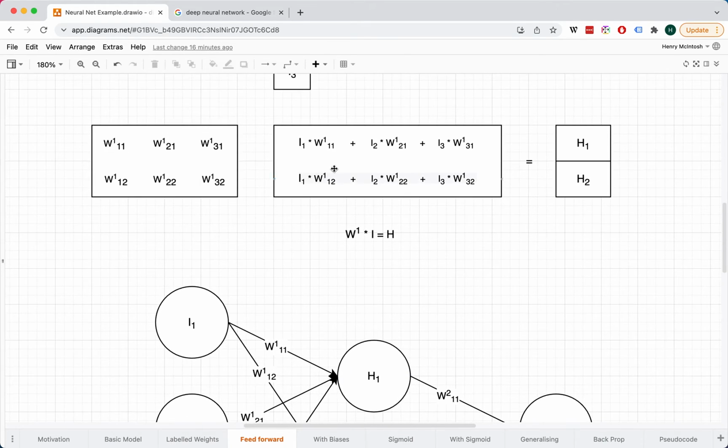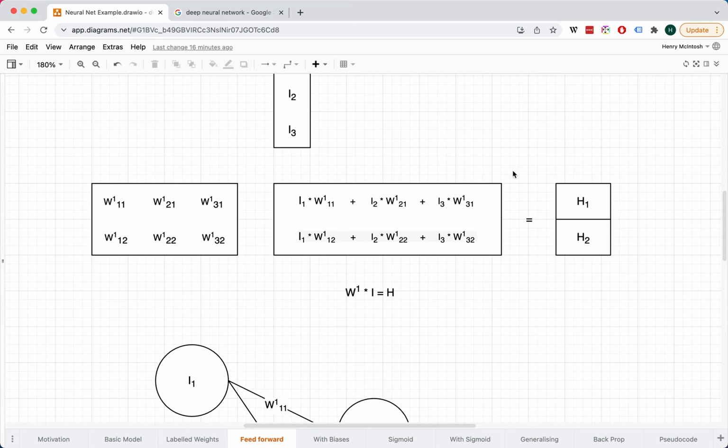Okay, and that's going to give us this nice sum to get H1. And so compressing all of this matrix and vector stuff into compressed notation, we can just see that's the weight matrix W1 times I to get H.